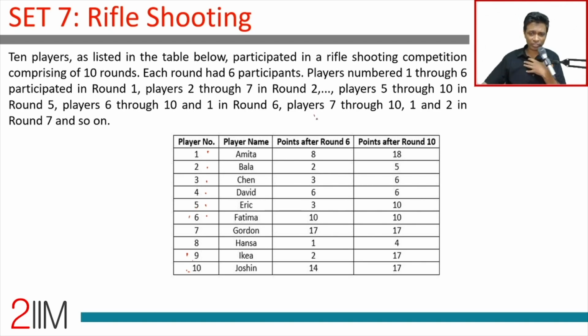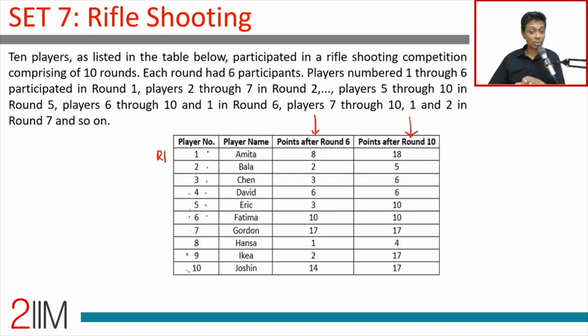It says points after round 6, points after round 10. Amita, the first player, would have played in round 1. And then round 2, 3, 4, 5, she wouldn't have played, because 2 to 7 is one round, 3 to 8 is one round, 4 to 9, 5 to 10.